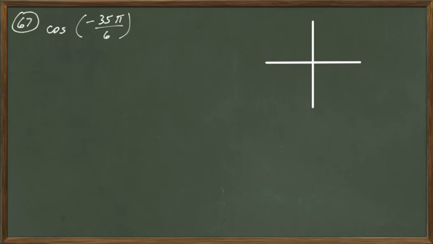Now 67, you have angles that are negative. Here's your initial side, always in the same position. Negative angles go clockwise. So let's see, 6 goes into 35 how many times? 5 with 5 left over. So I want to go negative 5 and 5/6 of pi. If I'm going negative 1 pi, negative 2 pi, you'll notice the evens are on the right, the odds are on the left.